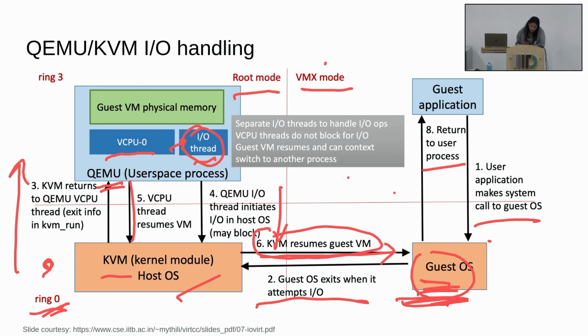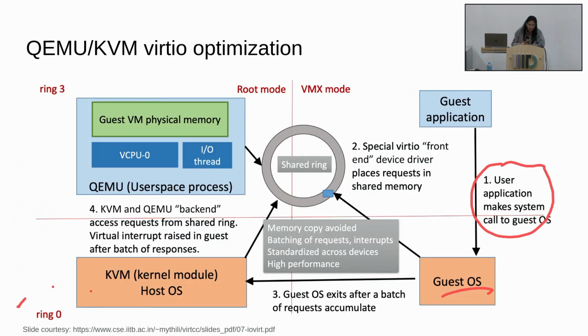So the guest operating system says to KVM, okay, I want this request to be handled, then it gives it back to QEMU, where it's again handled, and then again there will be copies involved when that is processed by the host operating system, right? So there are multiple copies or multiple overheads happening for just one request processing in this case also. So there are some optimizations done in this emulated mode.